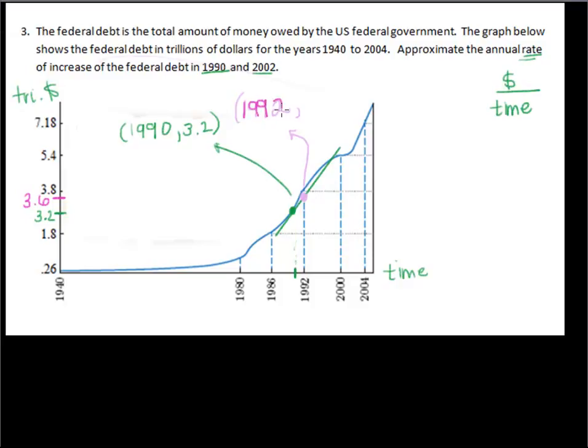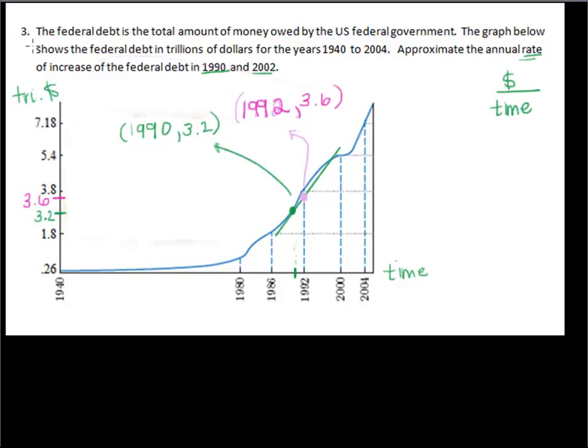I also know, what can I tell by this line? That my rate of increase is going to be a positive number. So in 1992, I'm going to estimate that my debt was 3.6 trillion. Sorry, not that my actual debt was 3.6 trillion, but that on this green line, that point is 1992, 3.6.